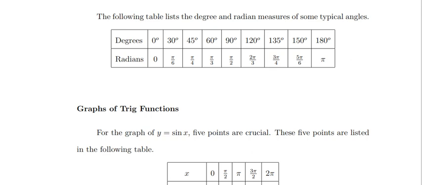Those are typical angles in degrees, so we can easily convert them to radians. Like 60 is pi over 3. 30 degrees is 180 over 6, so pi over 6. And 45 is pi over 4, and 90 is pi over 2. We have those typical angles in radians.